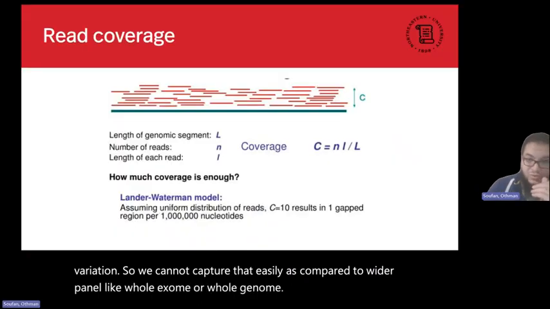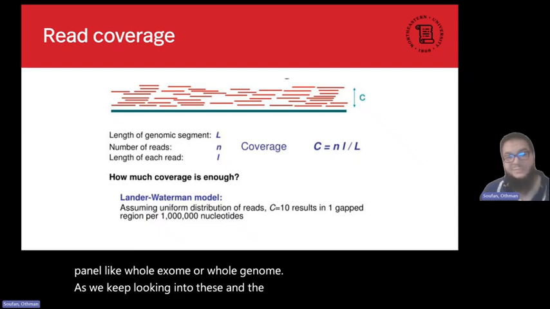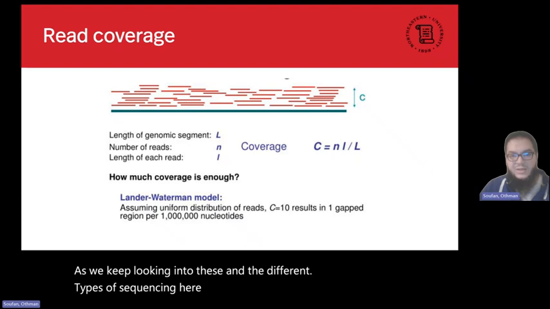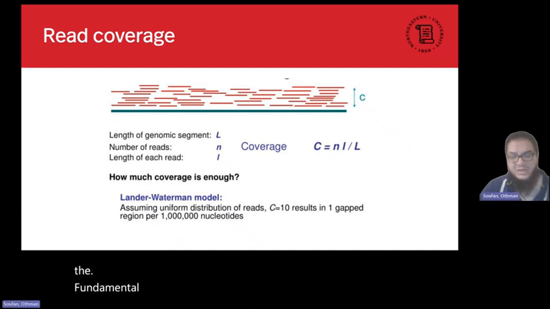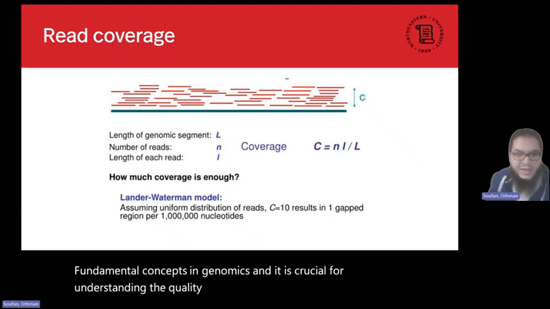As we keep looking into these different types of sequencing, coverage is certainly one of the fundamental concepts in genomics, and it is crucial for understanding the quality and reliability of the sequencing data.